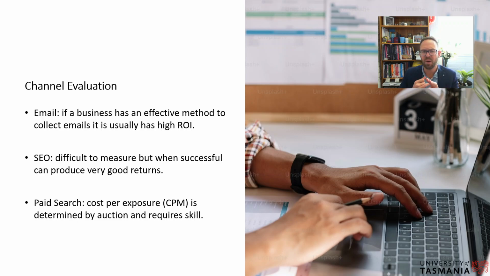If you could do that well, email marketing can have a very good return on investment. It really comes down to the skill of the digital marketer in that regard.